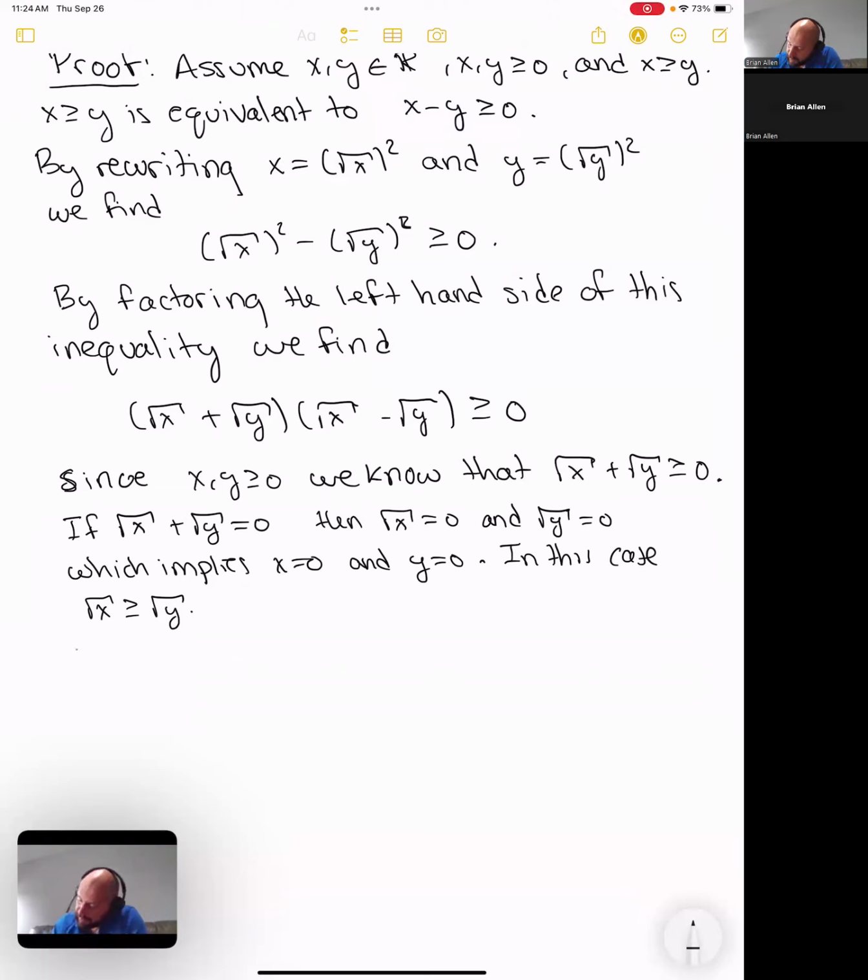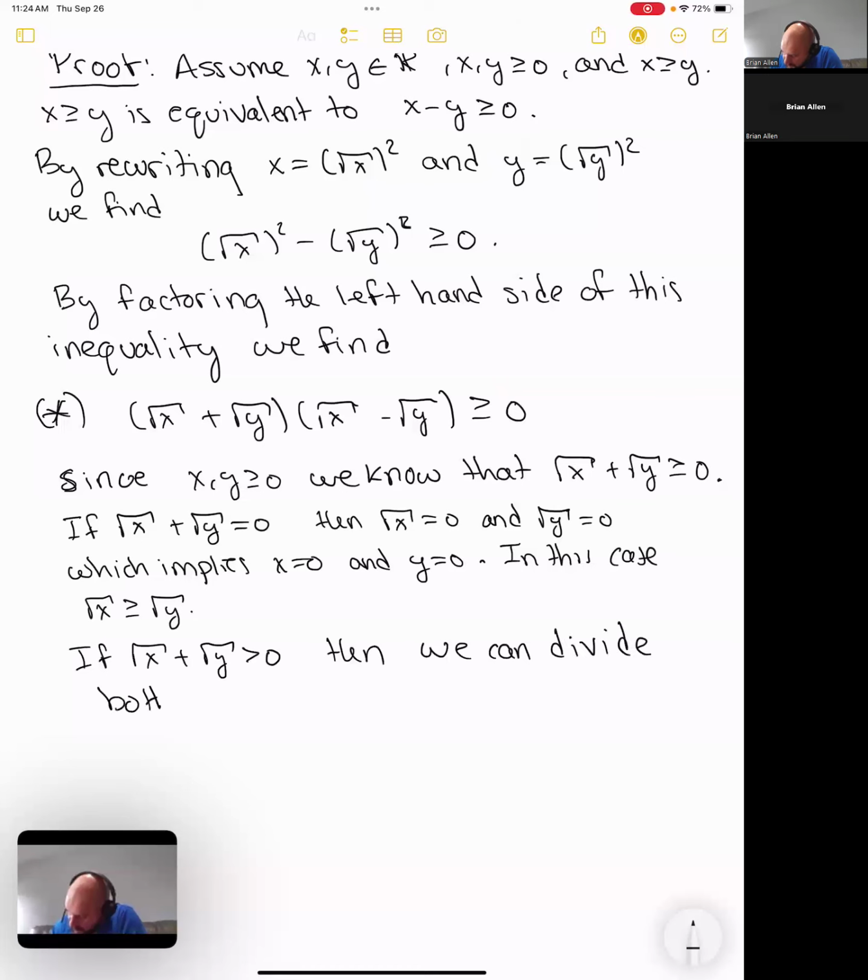So that means now we can assume that square root of x plus square root of y is strictly positive. Let me call this star. Then we can divide both sides by square root of x plus square root of y to find exactly what we want, right?